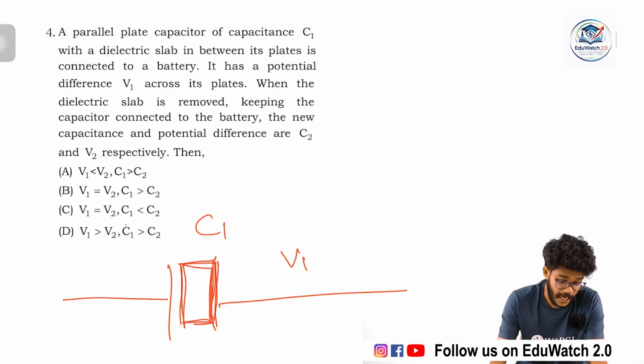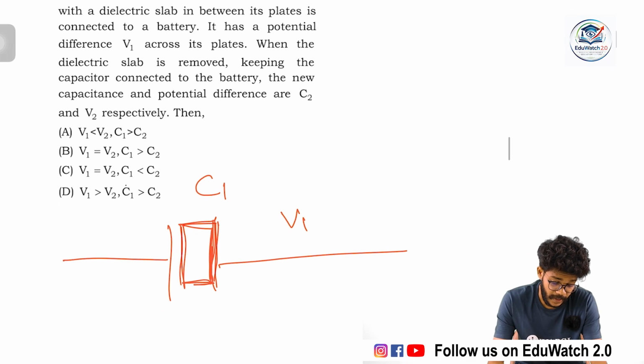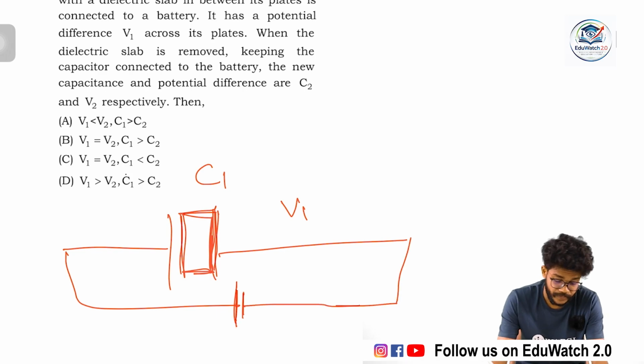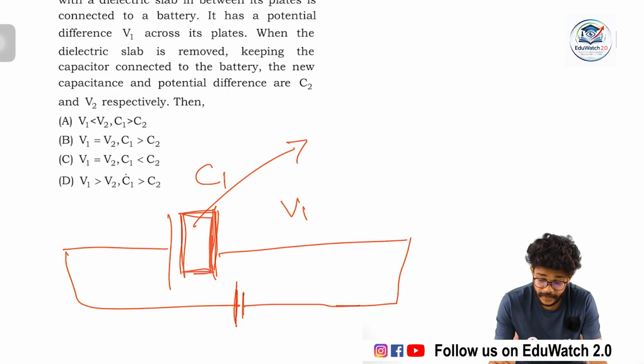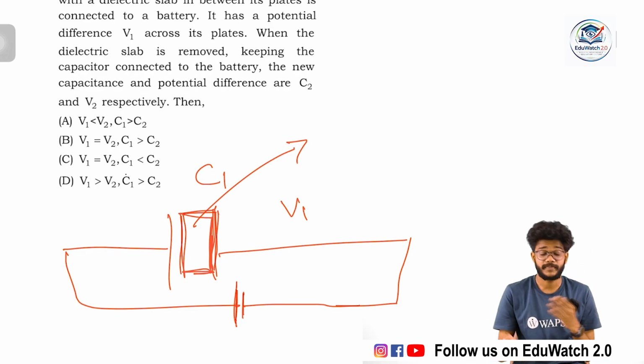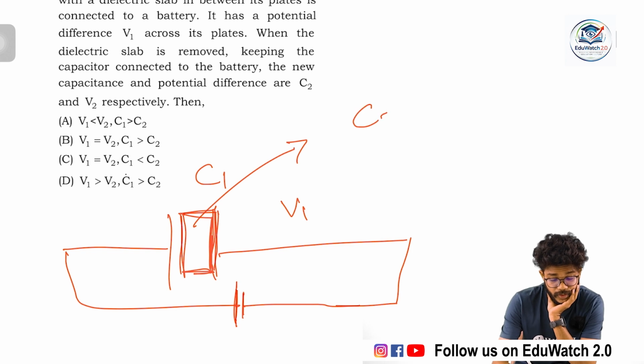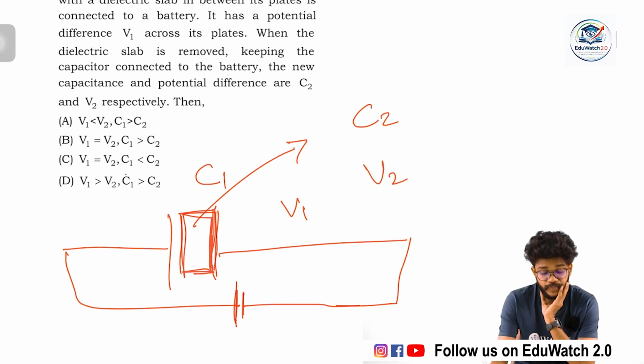When the dielectric slab is removed, keeping the capacitor connected to the battery, the battery is still working, and we have to remove this dielectric slab. The new capacitance and the potential difference are C2 and V2 respectively.